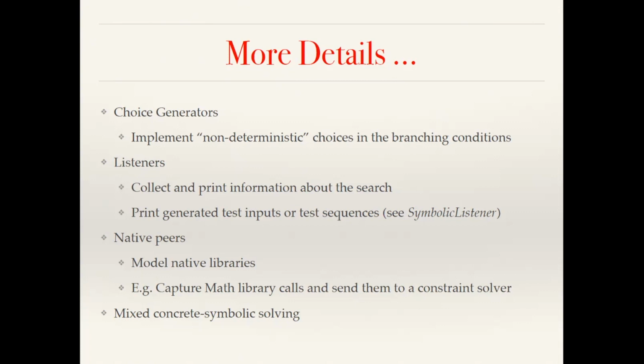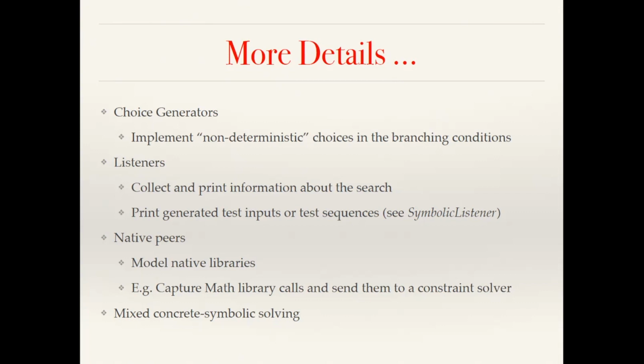And we use the choice generators from Java Pathfinder to implement those. In addition, we also need to maintain the path conditions. So whenever a non-deterministic choice is made, we need to update a data structure that maintains the path conditions through the code.